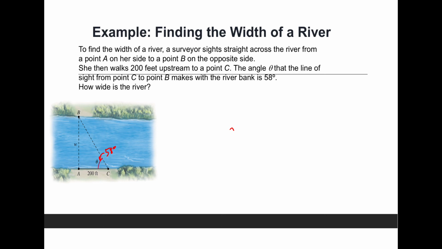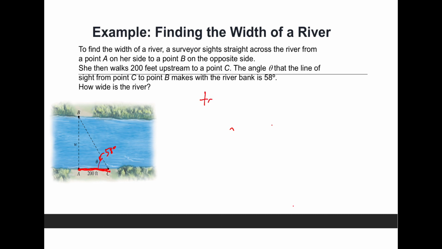So our big thing is to figure out how wide the river is. Notice that she was able to measure how far this is, and was able to measure the angle at which to the bank she would have to look to CB. So this is an adjacent side to that, and W is the opposite side.